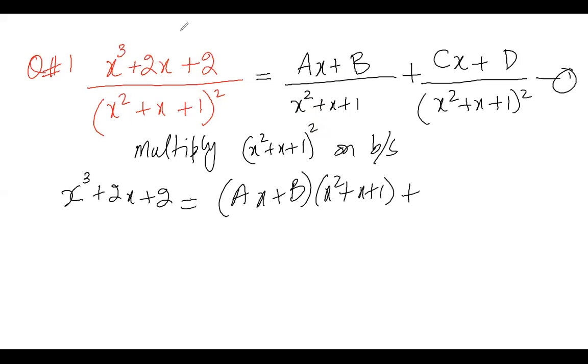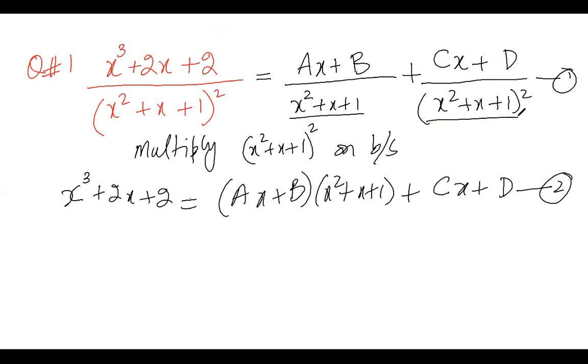Similarly, when this is multiplied with this one, the denominator will be cancelled, and we will have cx plus d. This is equation 2.